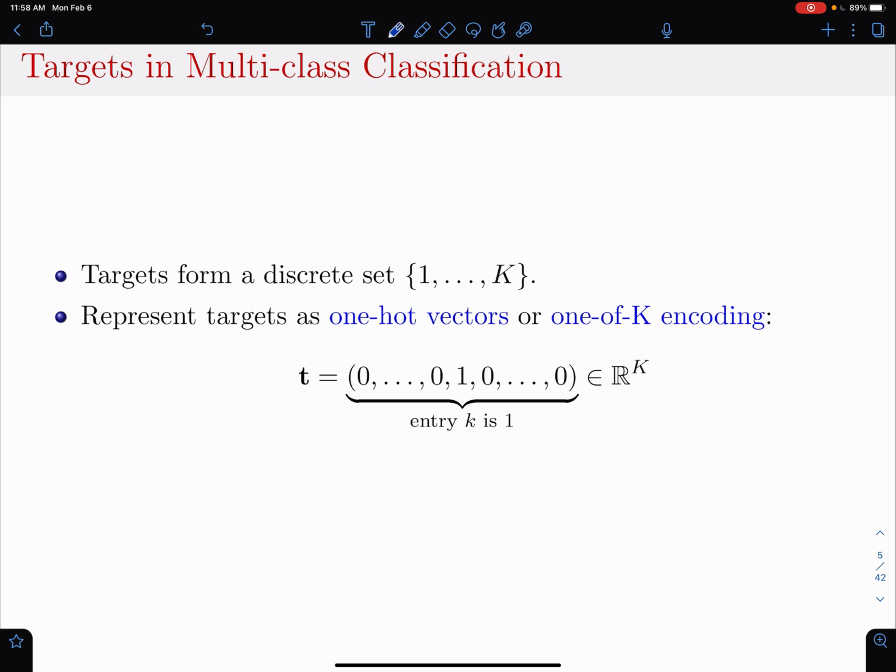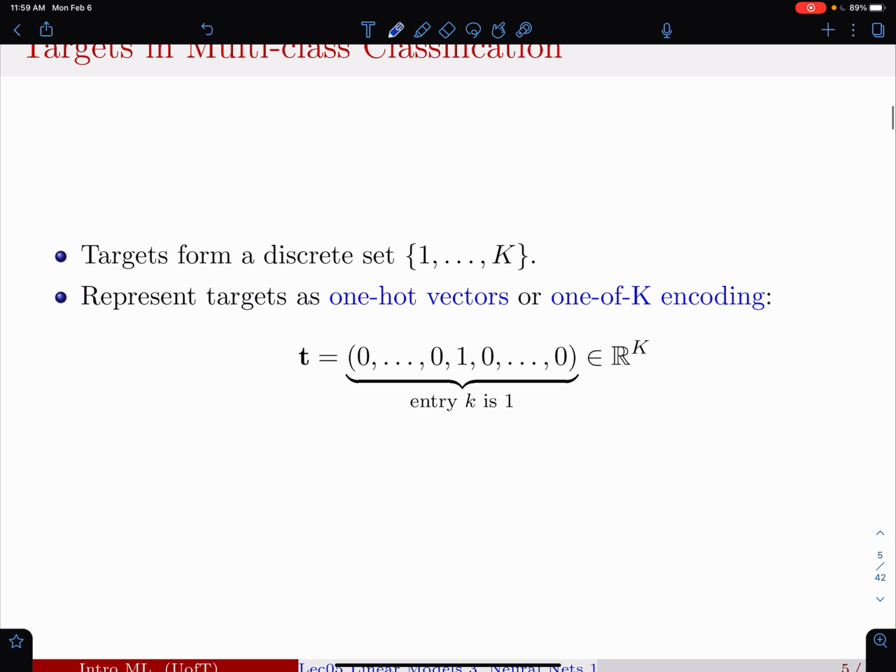So the idea here is rather than just having two different classes, we now have k different classes. So we encode our targets usually as one-hot vectors, which means they're going to be entirely zeros, except there's going to be a 1 corresponding to the correct class. And our targets are going to be in R^k.